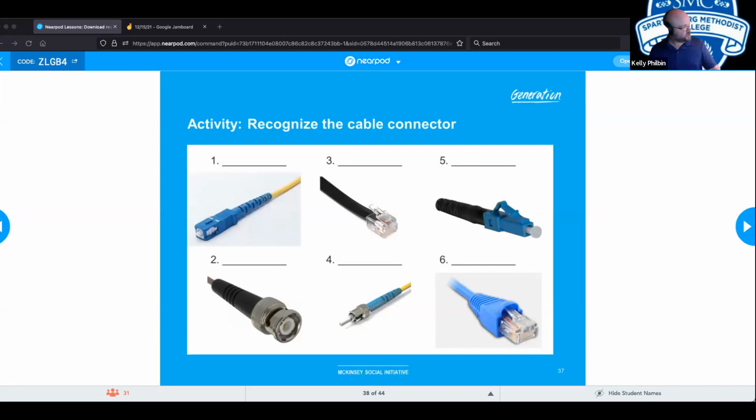LC, you are in the right neighborhood, sir. So it is a fiber optic connector. Lorraine, can you help out? You're mute. Your microphone is muted again. Can you hear me now? Yes, ma'am. Is that a fiber optic square tip connector?